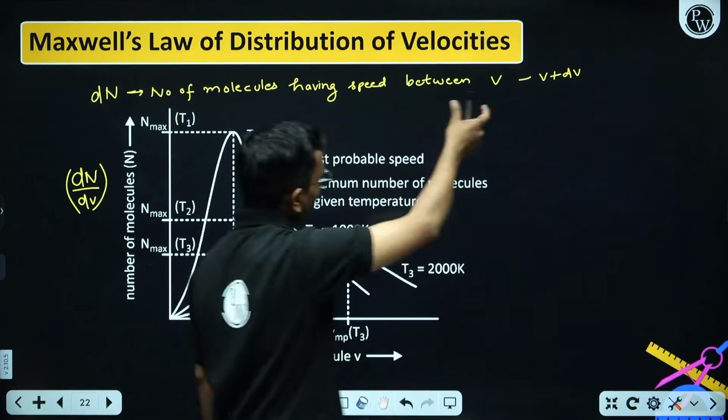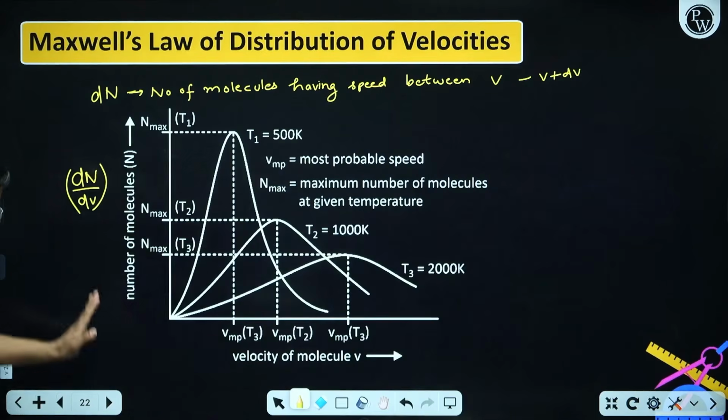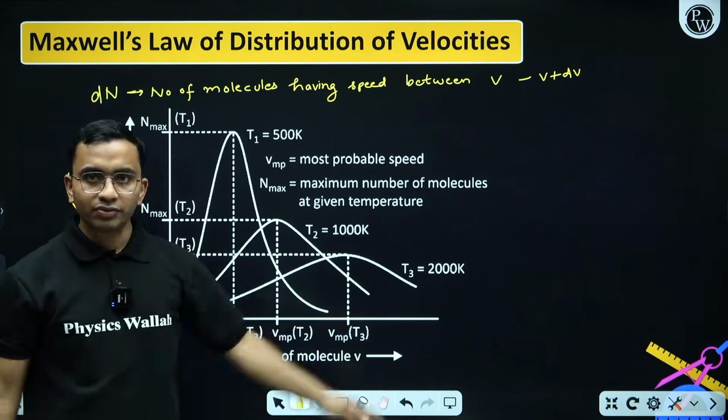That many number of molecules is dN. So this is dN by dV versus V.